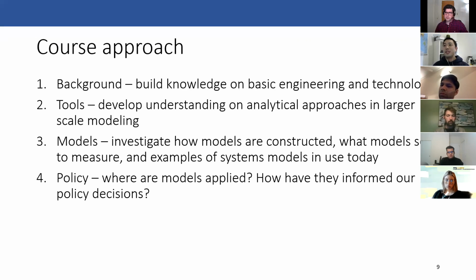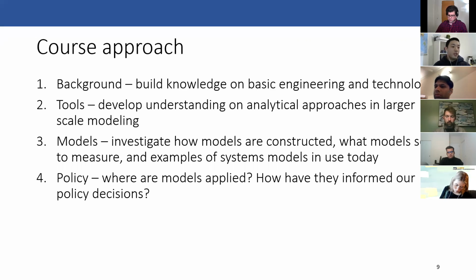And so this means that I'll expect folks to know how a natural gas turbine works in principle, but maybe without all of the math. And so the first, I would say, 2.5 weeks of class is going to be just building basics and fundamentals. And then we're going to talk about tools, developing an understanding, once we get to larger scale modeling, of what techniques are used in building system models.